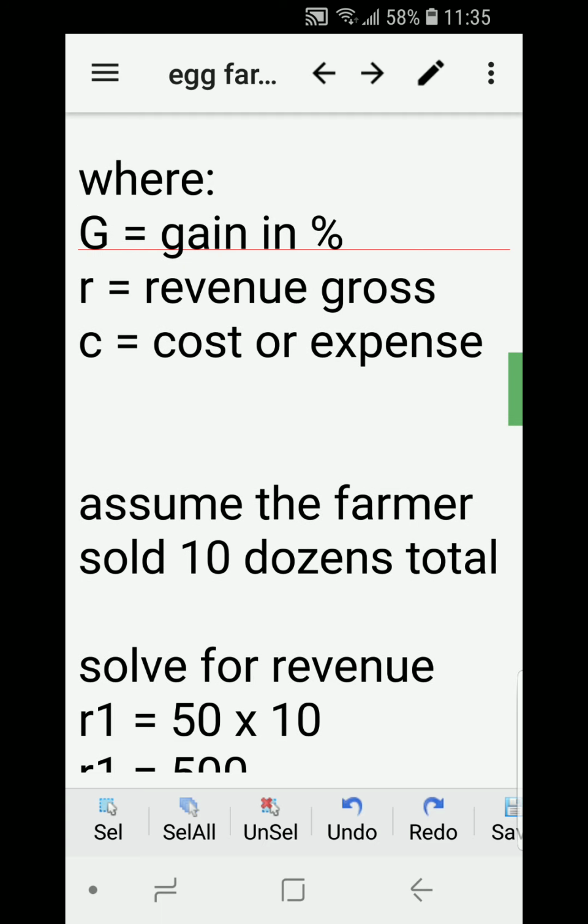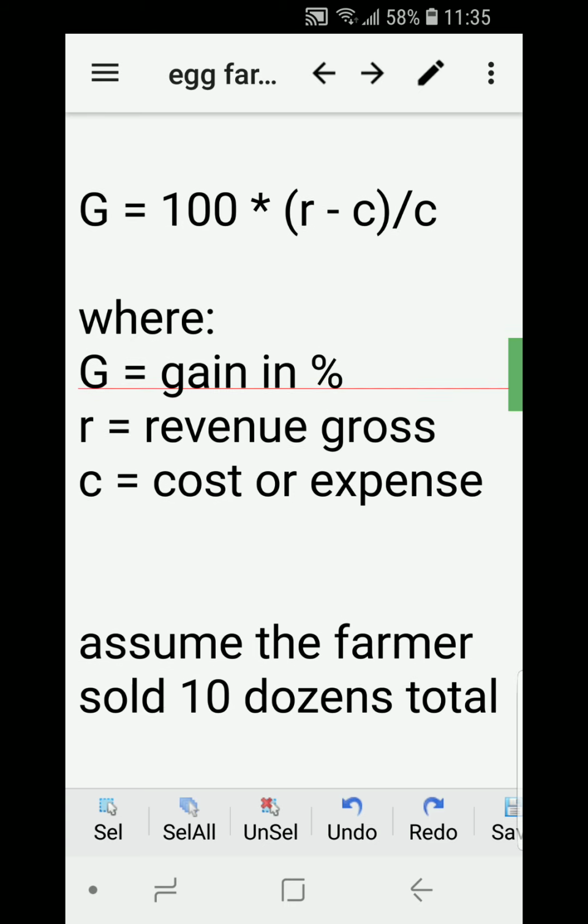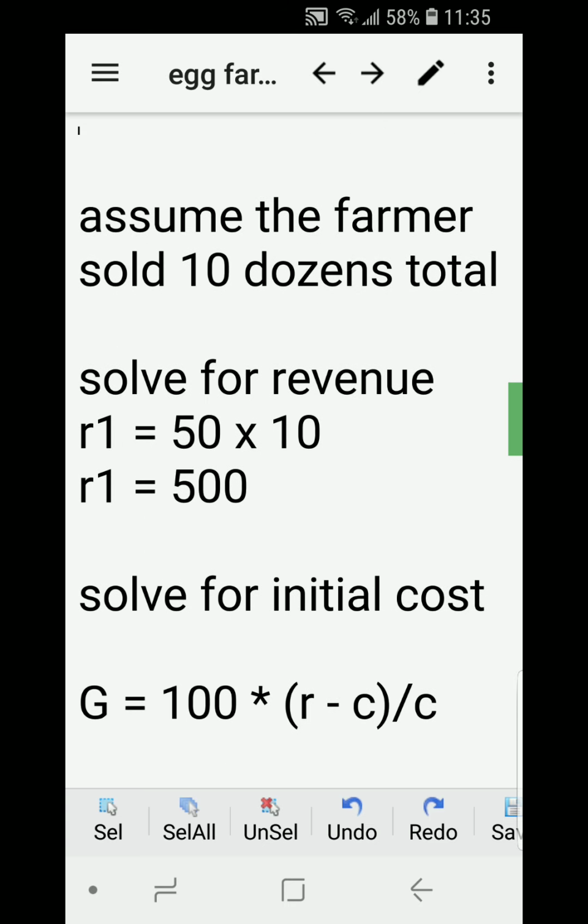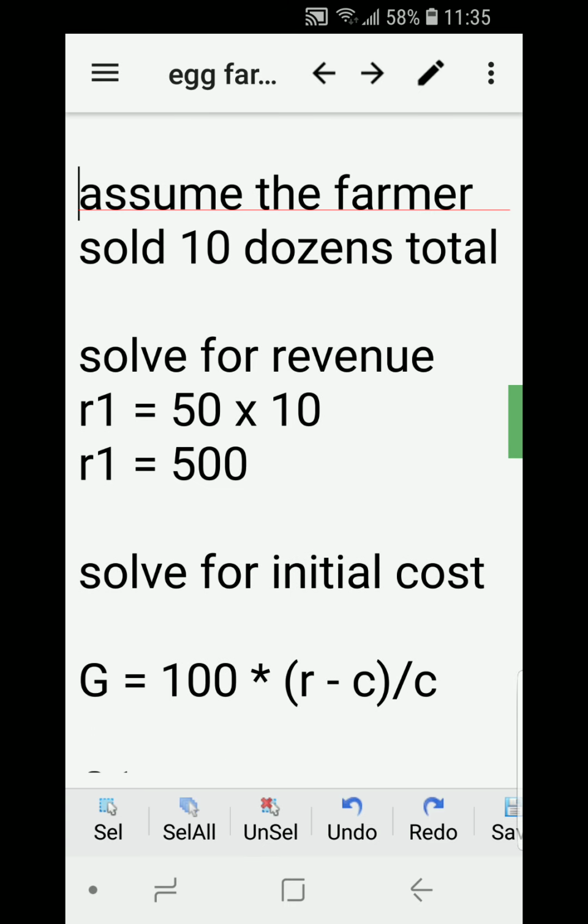Okay, pretty simple formula. And our first step would be to solve for the revenue. Now, before solving for the revenue, we will assume that the farmer sold 10 dozens in total for ease of calculation.